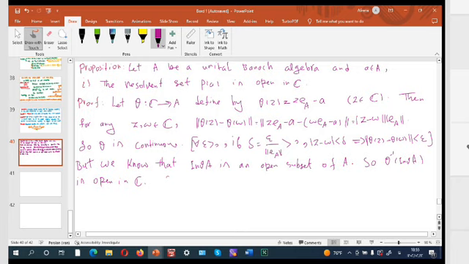Since this inverse image equals rho of a, the proof is complete.